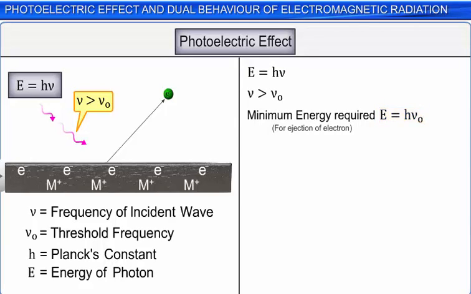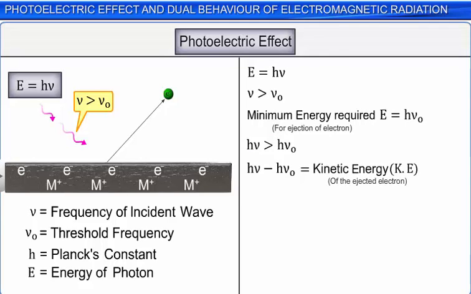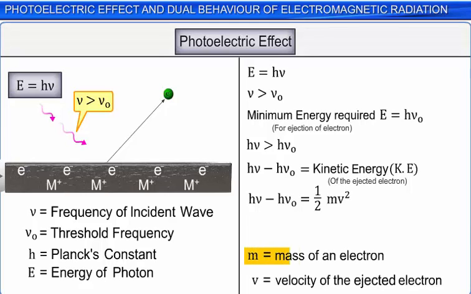As the energy of the incident photon h nu is greater than h nu0, the remaining energy, that is h nu minus h nu0, is imparted as kinetic energy to the electron. Thus, h nu minus h nu0 is equal to half m v squared. Here, m is the mass of an electron and v is the velocity of the ejected electron.